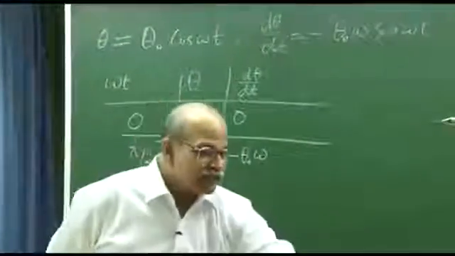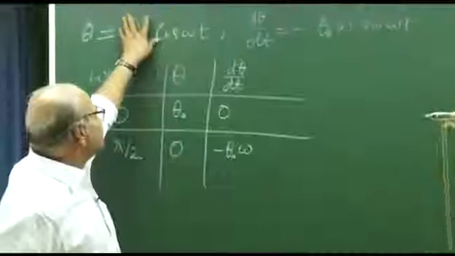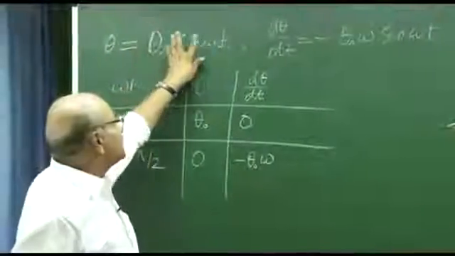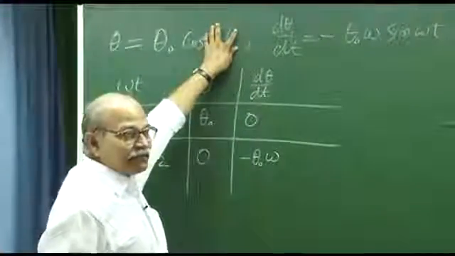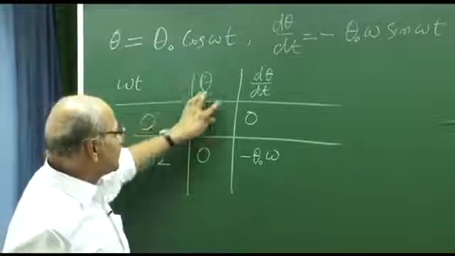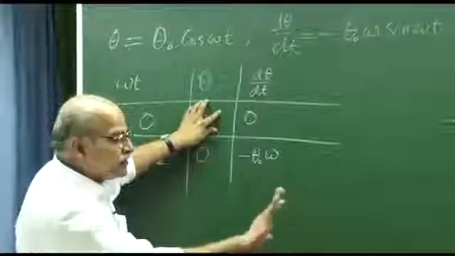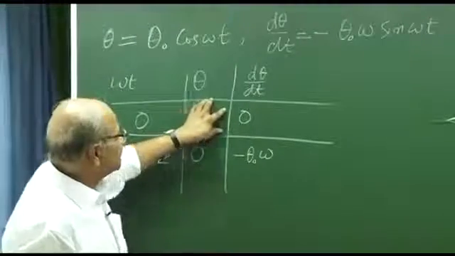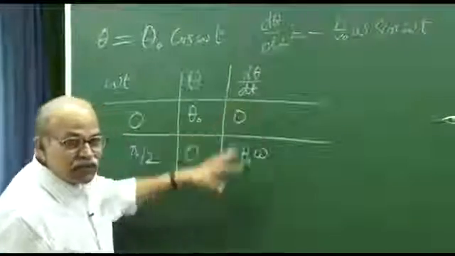If the amplitudes are different, then this theta naught will be different for the two cases, but this omega t remains the same. When omega t is 0, for both the pendulums, theta is theta naught, their positive extreme position, the angular velocity is 0, and so on.